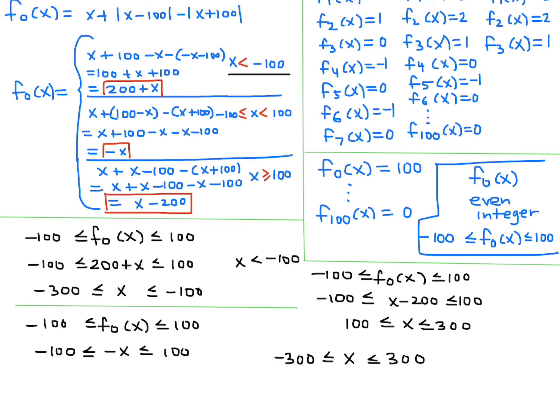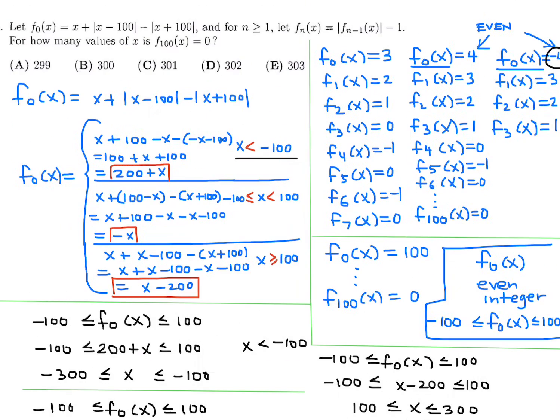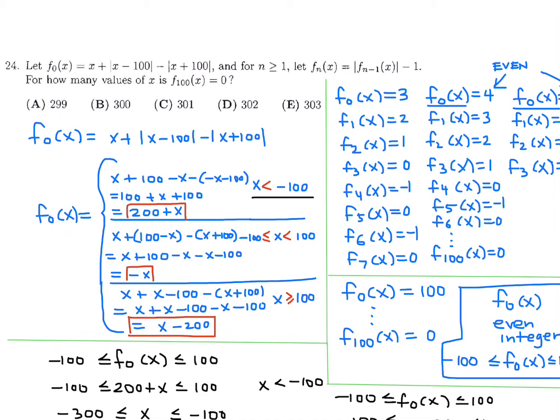So there's going to be 600 numbers divided by 2, so 300. But remember, there's also a 0 in there, plus 1 for the 0. So that gives you a total of 301. And that is the answer to this question. Number 24 is C.